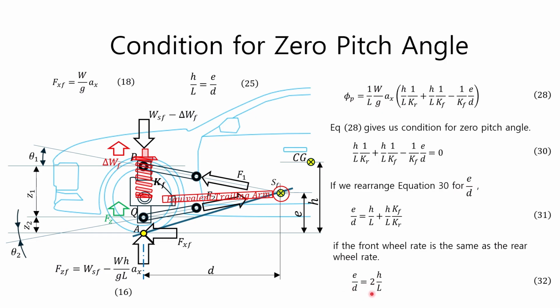From equation 32, if the front wheel rate is the same as the rear wheel rate, in order for the pitch angle to become zero, under the condition of zero lift, the height of the center of gravity must be lowered by half, or the value of E over D must be doubled. Let's check the explanation above with a figure.